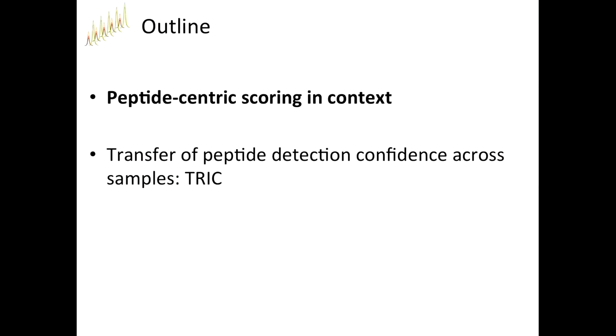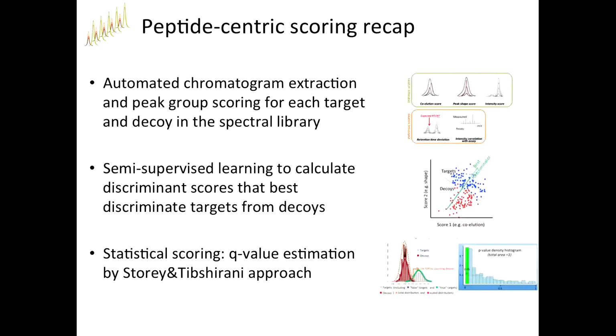Exactly. So to begin with, I'd like to talk about peptide-centric scoring in context, and I'm going to come to what I mean by in context in a minute. Just as a quick recap of what Ludovic has been talking about in the last hour: the main 3 steps of the peptide-centric analysis are, first of all, automated chromatogram extraction and peak group scoring, where you extract the scores for each target and decoy in the spectral library.